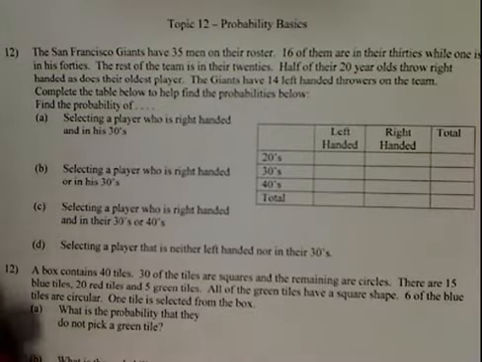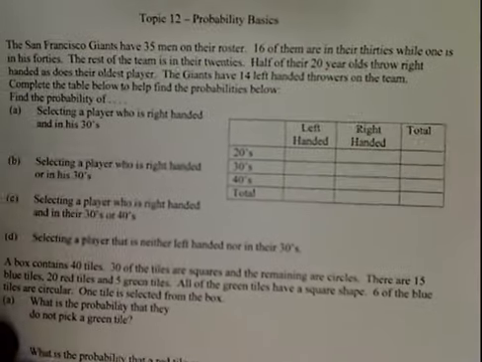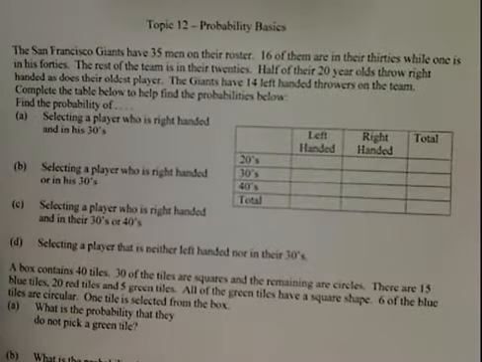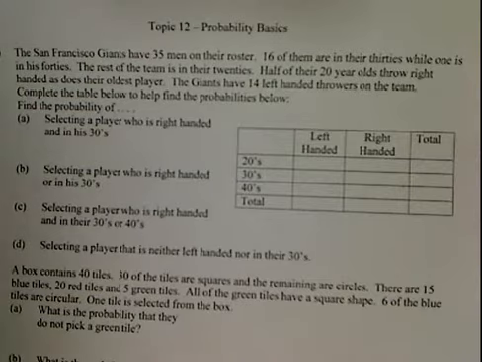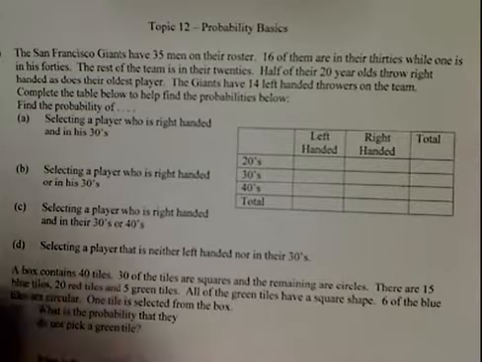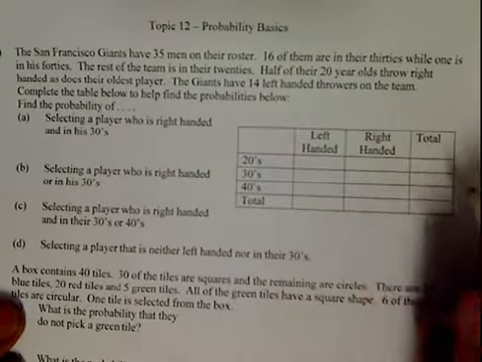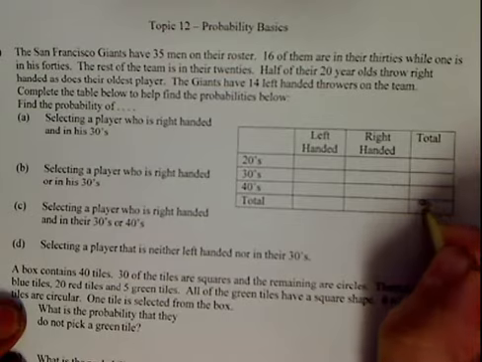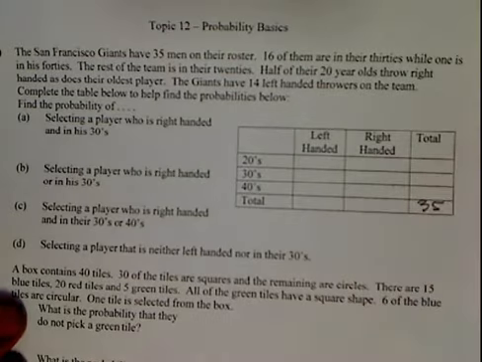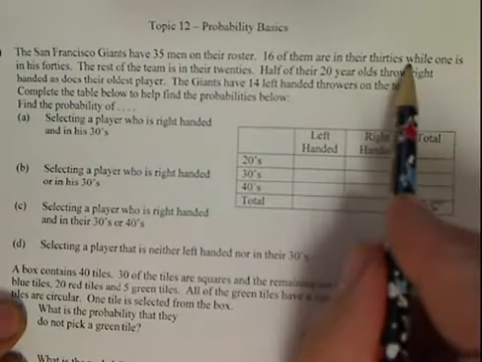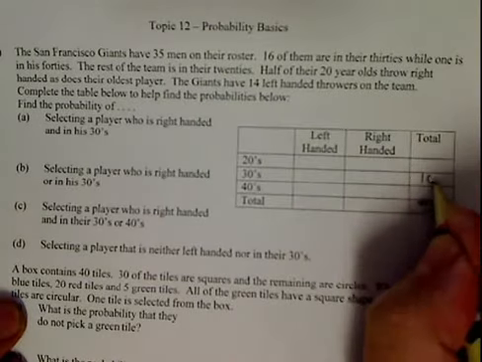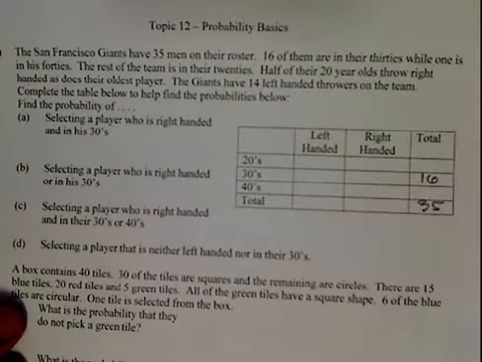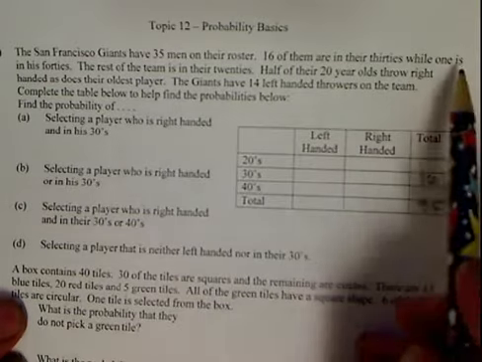Okay, so we're going to go over this, and the key to these kinds of problems is to fill in the table and then just answer the question. The basic probability says how many ways something can happen divided by the total possible outcomes. The San Francisco Giants have 35 men on the roster, so my total for everything is 35. 16 of them are in their 30s, while one of them is in their 40s.